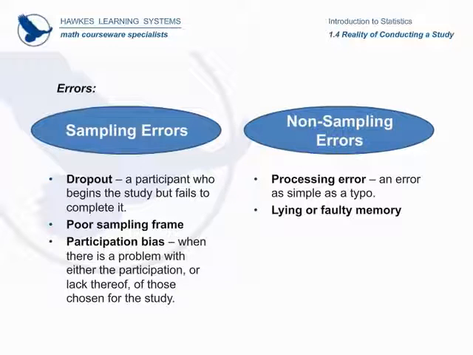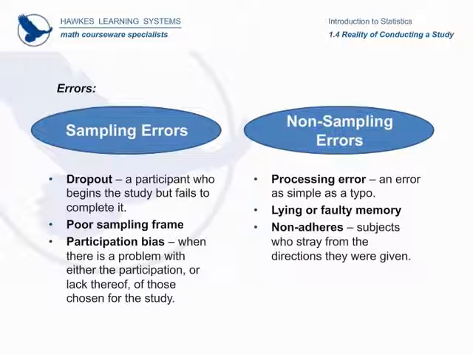When participating in a study, if the participant doesn't tell the truth or they have a faulty memory, meaning that they can't remember the information that you're asking them to, they can't recall it, then that could lead to a non-sampling error. There are also what are called non-adherers, and those are subjects who stray from the directions they are given. They simply don't follow the directions for the study.